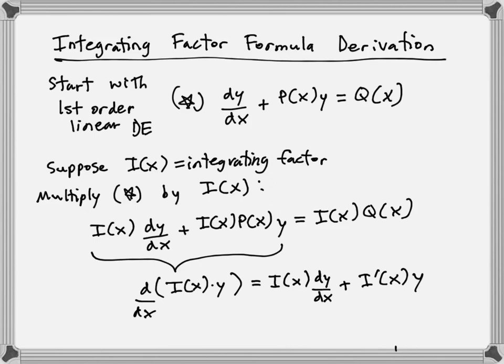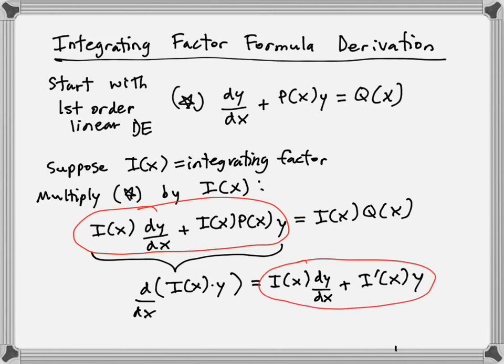So in other words, we're going to take this and set it equal to this and then try to figure out what I would have to be. Well, if you set those two equal to each other, let's do this on the next page so that we don't run out of space here.